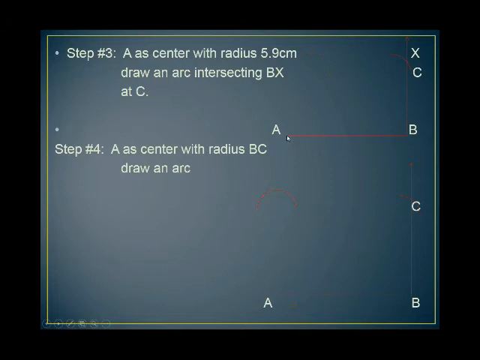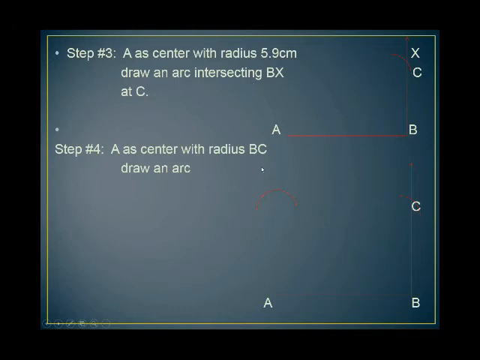So we place the compass at point A and mark an arc of radius 5.9 centimeter, which cuts the perpendicular BX at a point, and we name that point C. That is step number 3, where we just draw an arc.